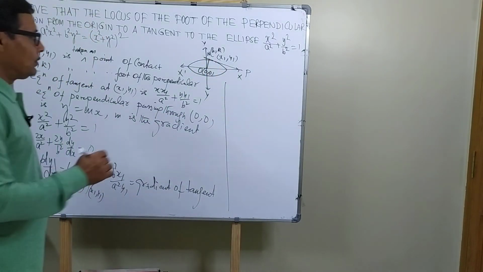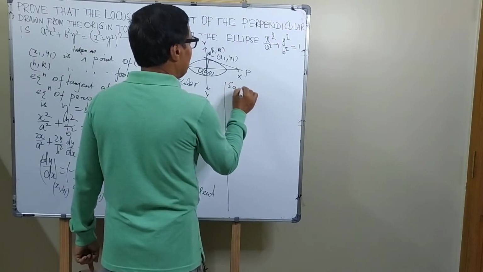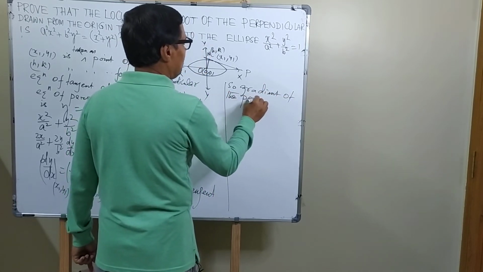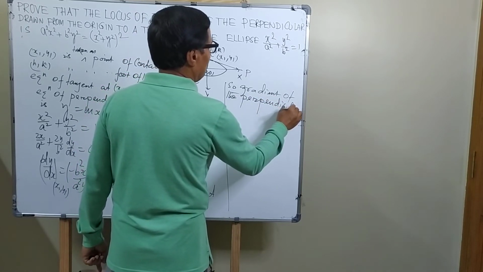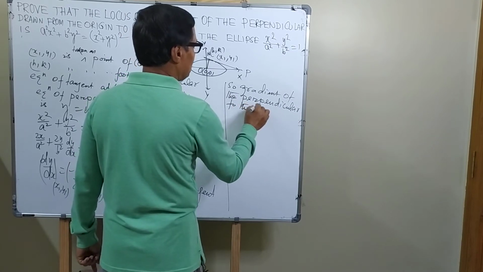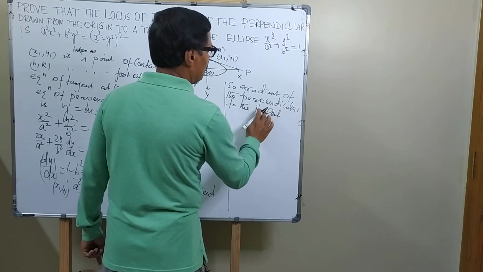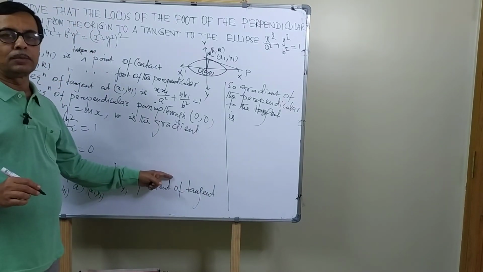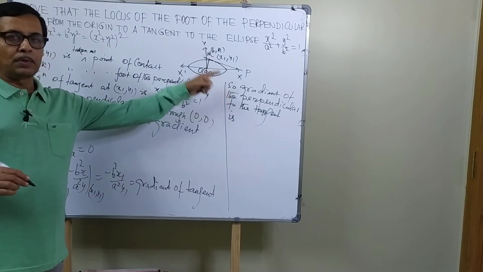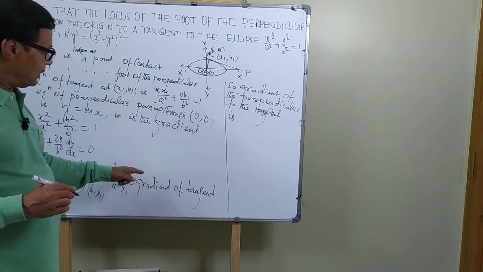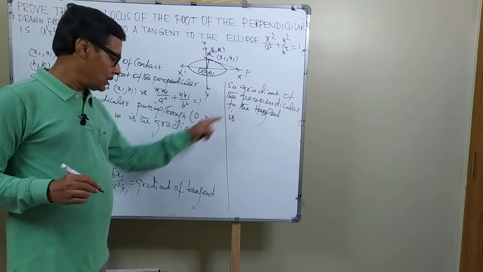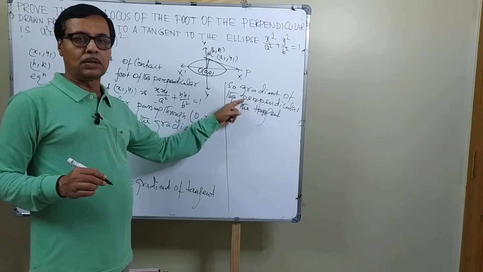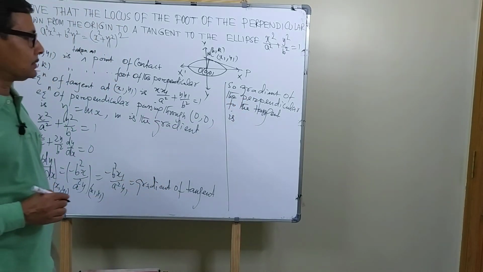So the gradient of the perpendicular is equal to the negative reciprocal of the gradient of the tangent.